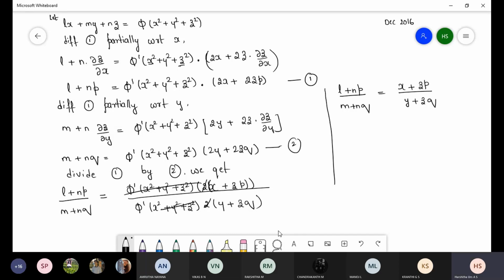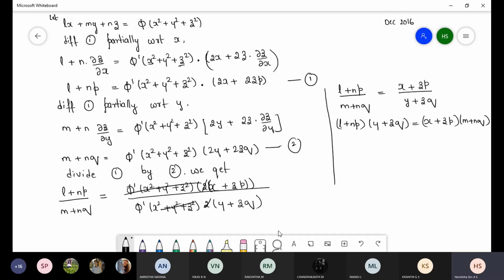So to form a partial differential equation, we have to take one more step, cross multiply, that is (l + np)(y + zq) = (x + zp)(m + nq).